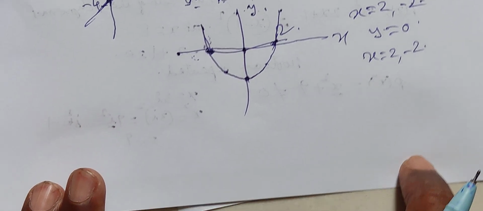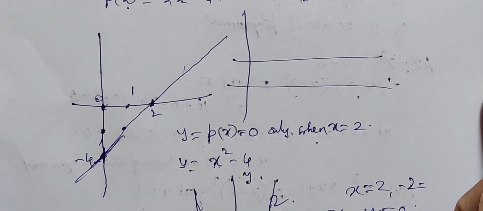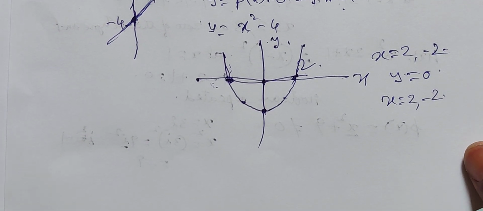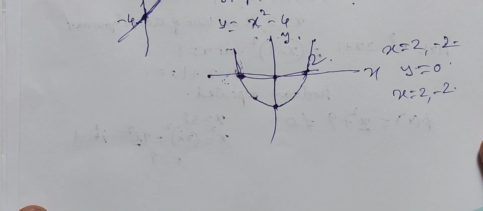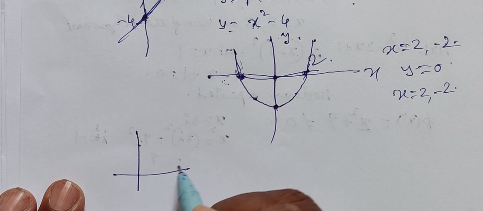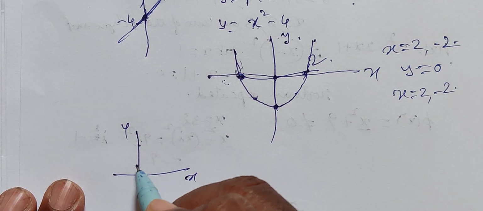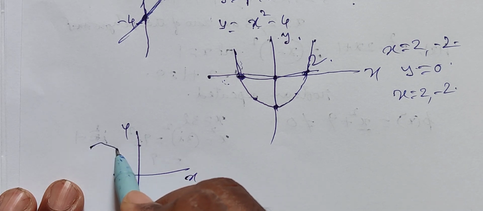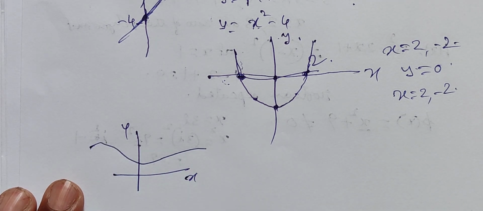For a given graph, I will try to give some dummy graphs. Don't worry about what exactly the equations are. You just try to understand how to say how many zeros for a given equation. Suppose this is the x-axis as usual, and the y-axis. A graph is given like this. What is that graph? Don't worry.